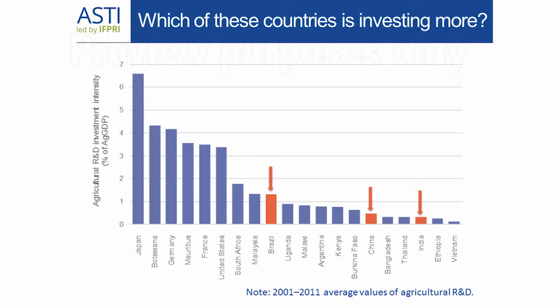But when you start comparing and looking in more detail at those different countries, you start finding weird things. For instance, we know, as a fact, it's not my own idea, that China, India, and Brazil have the most developed research systems among developing countries, right?